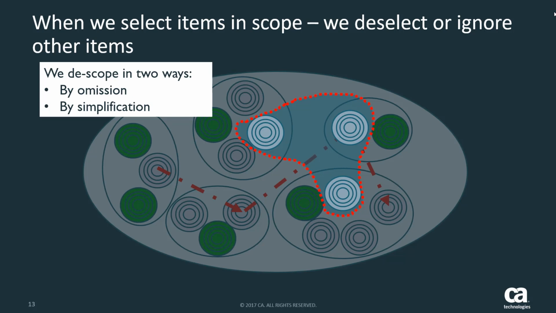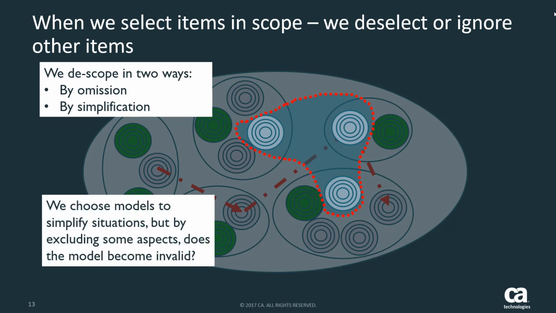We just leave them off our model, but it could be that we descope by simplification. By simplifying our model, we ignore certain aspects that could be included, and we ignore things that perhaps for our current purpose are irrelevant. Now this might be a safe or it might be an unsafe assumption, so this is where we need to take quite a lot of care.